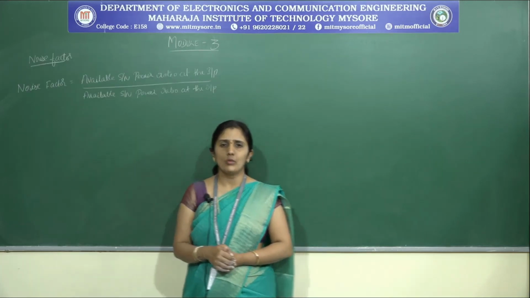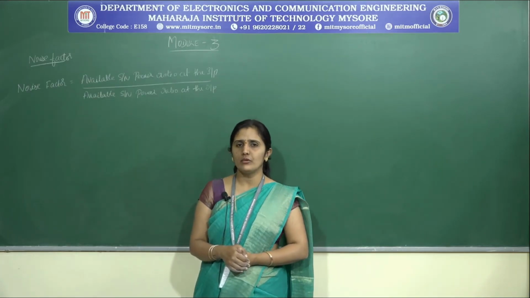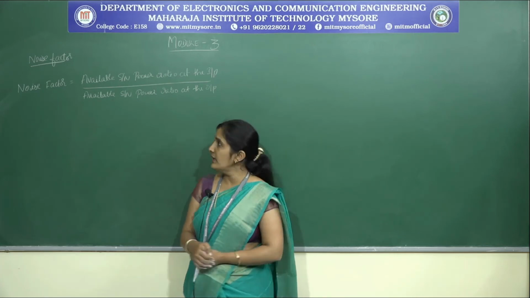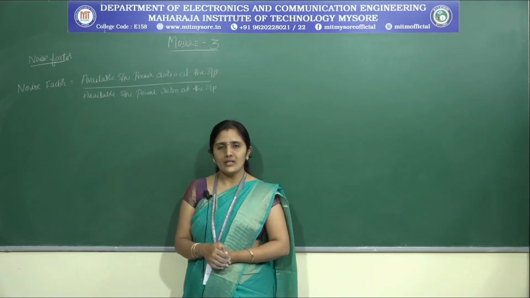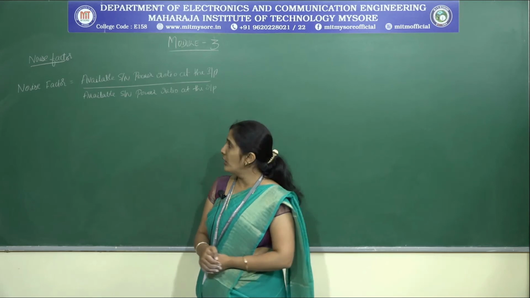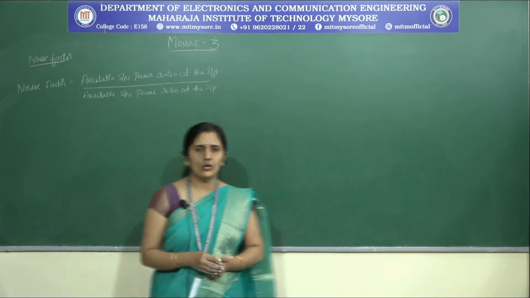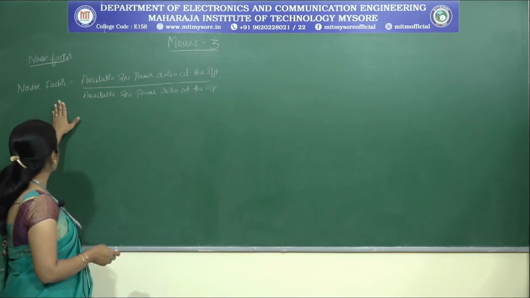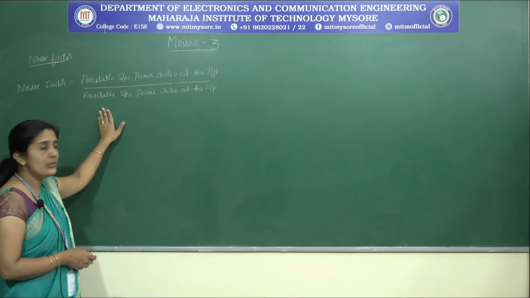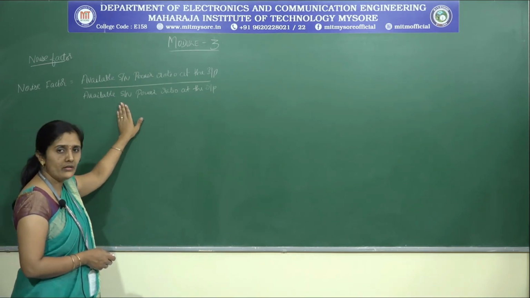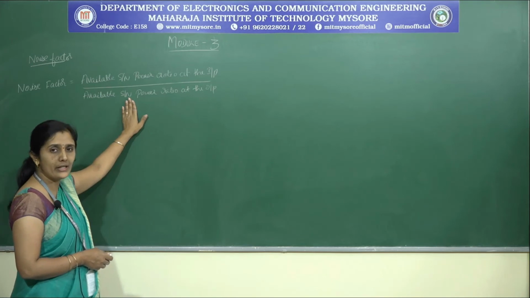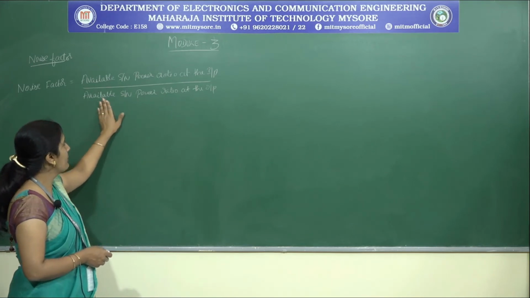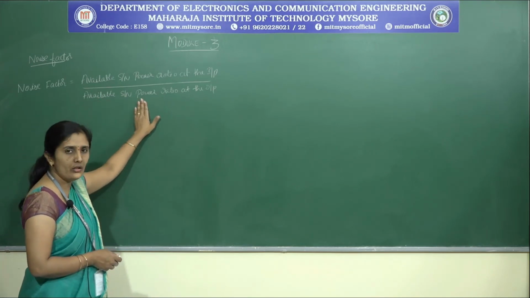In order to see some more problems related to noise, we have to learn some parameters, that is noise factor and noise figure. So we have got a formula for this. Noise factor is nothing but the available signal to noise power ratio at the input divided by the available signal to noise power ratio at the output.